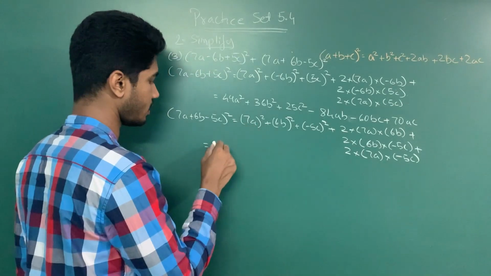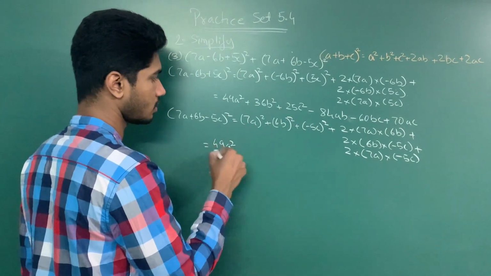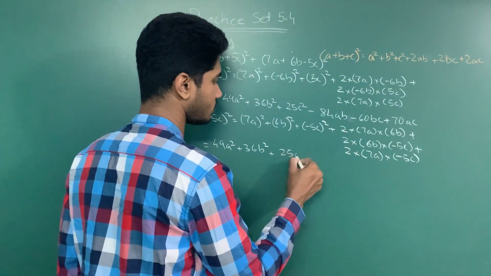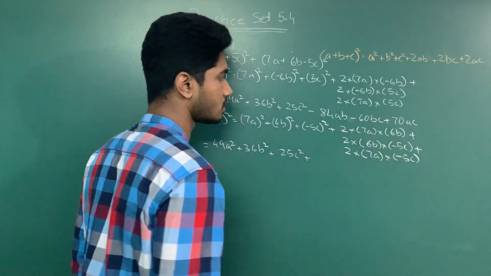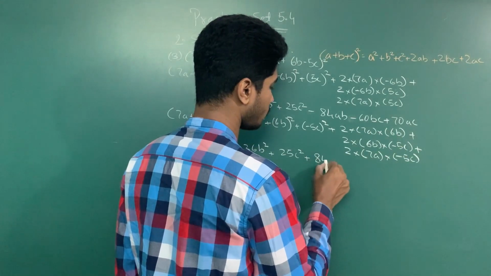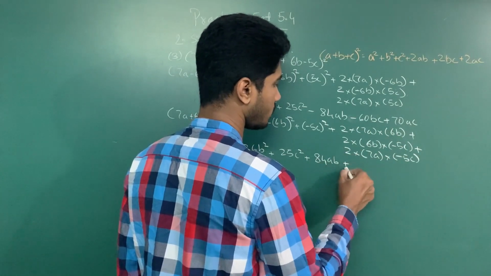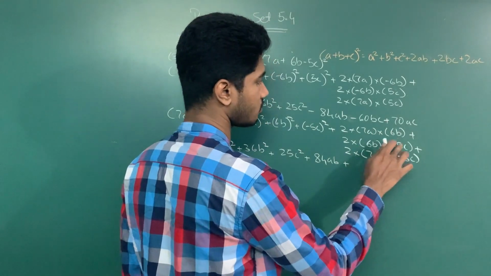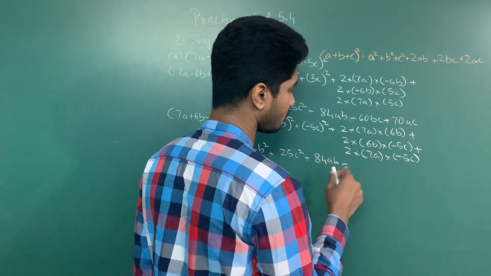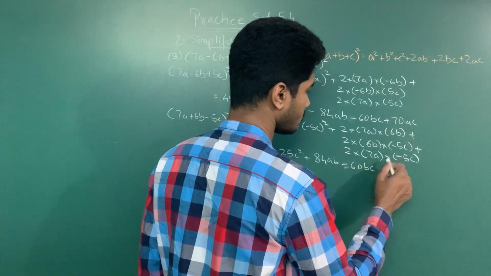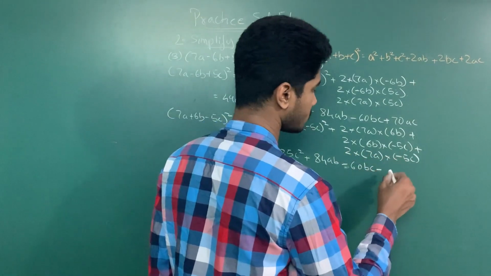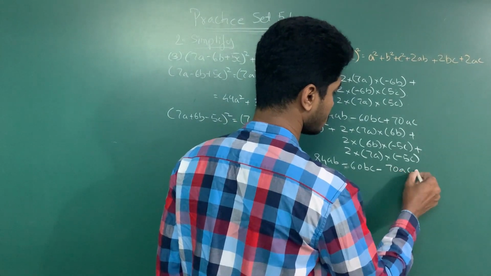So when you solve this, 7a square will be 49a square plus this will be 36b square plus this will be your 25c square plus 2 into 7 will give you 14, 14 into 6 will give you 84ab plus, so there's a minus sign over here, so minus plus will change to minus. 2 into 6 is 12, 12 into 5 is 60bc, this will be minus plus will be minus. 2 into 7 is 14, 14 into 5 is 70ac.